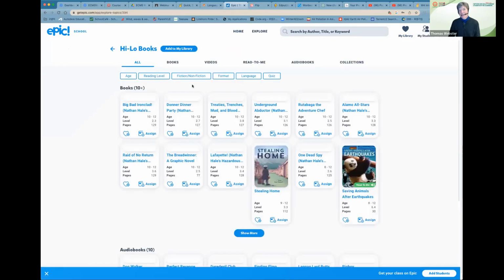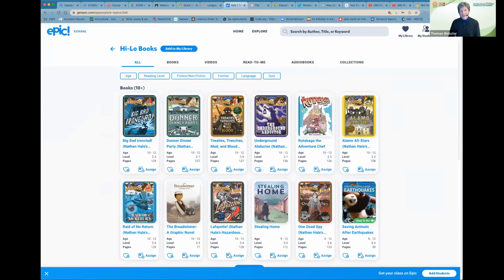It helps you find free books and tells you the age range and the level of the book. You set it up based on a vocabulary or reading teaching method. It asks you that when you set it up as a teacher, and it's free. Very good. You can assign these books to students to look at.